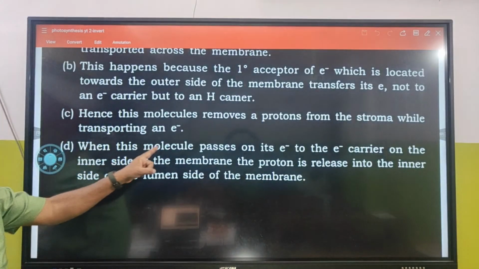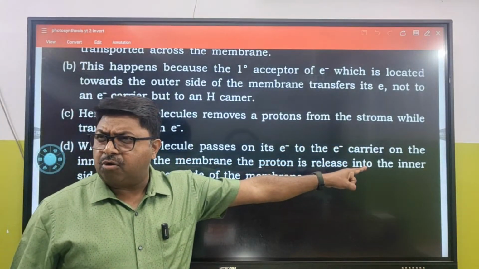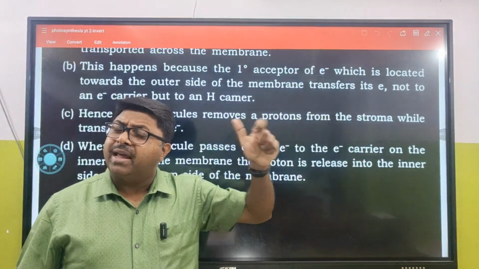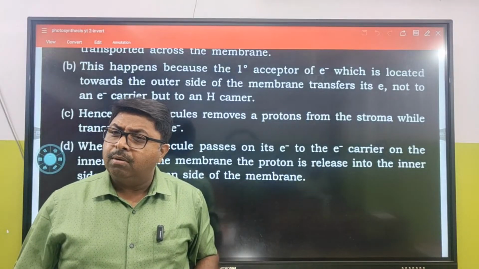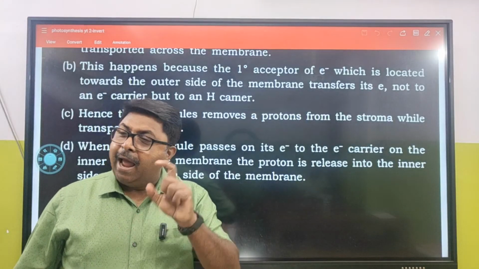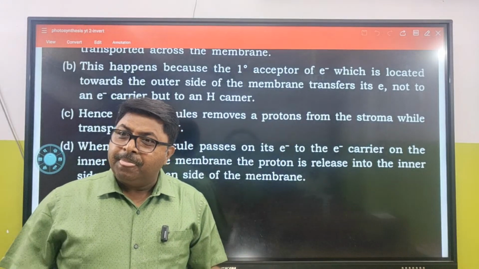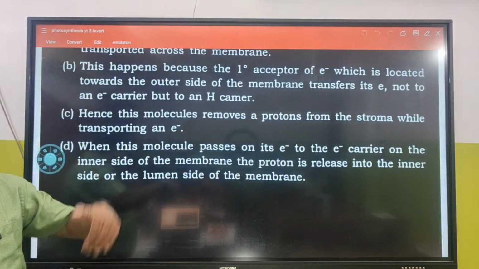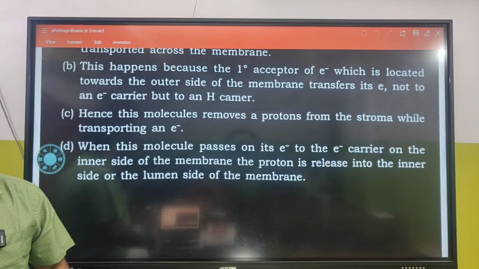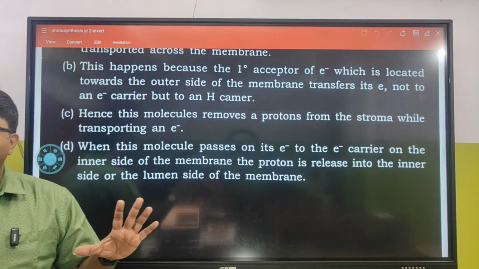So during the electron flow, what is the electron carrier? PQ. PQ accepts the electron, gets reduced and transfers the H+ ion towards the lumen.